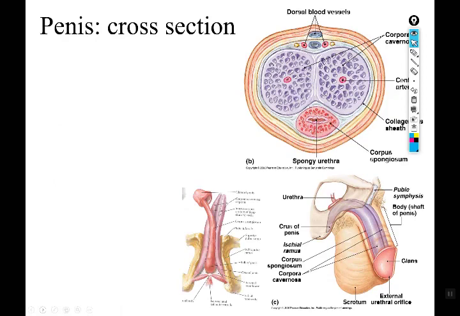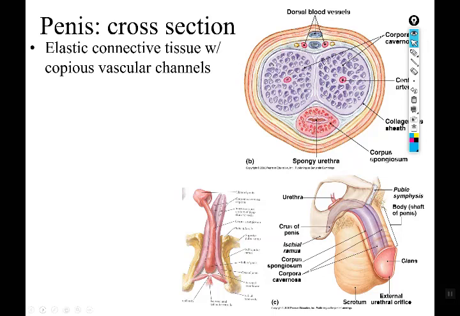All right, so the penis in cross-section looks like this. Kind of looks like a little surprised alien guy, almost like E.T. And that is because of the way the erectile tissues are shaped and arranged. So it's an elastic connective tissue, so it's a mixture of dense irregular and elastic fibers.